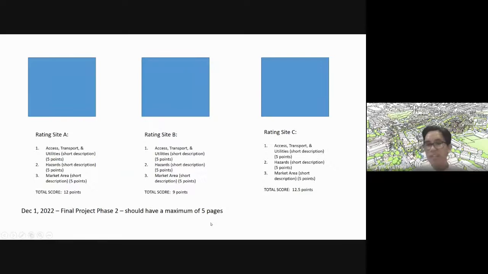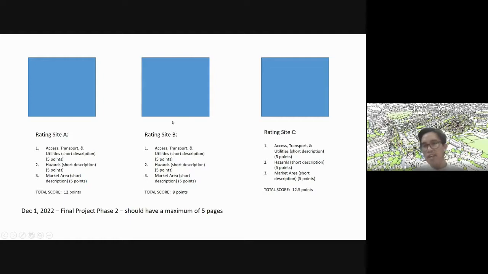And then you put it all together. You have your sites A, B, C, and some of you might even go to D. Then you score each of your sites. For example, site A, looking at accessibility, transport, hazards, market area, might get 12 points. Site B might get 9 points. Site C might get 2.5 points.